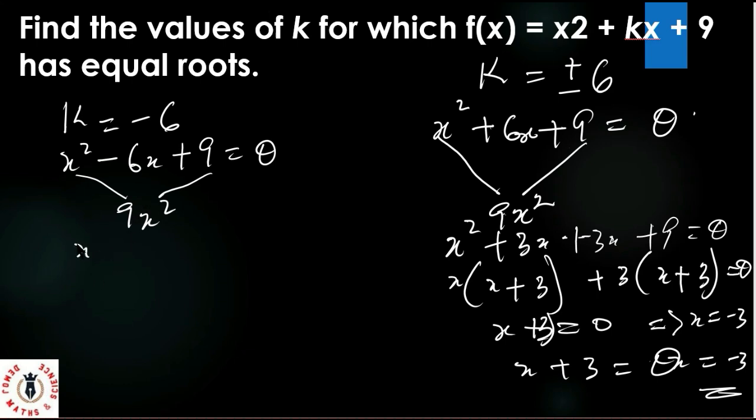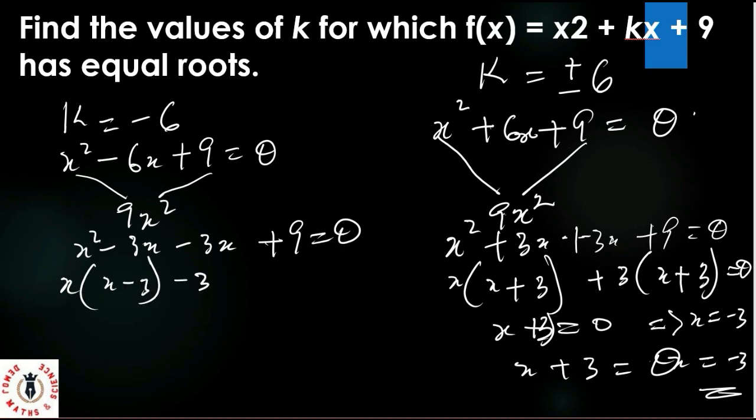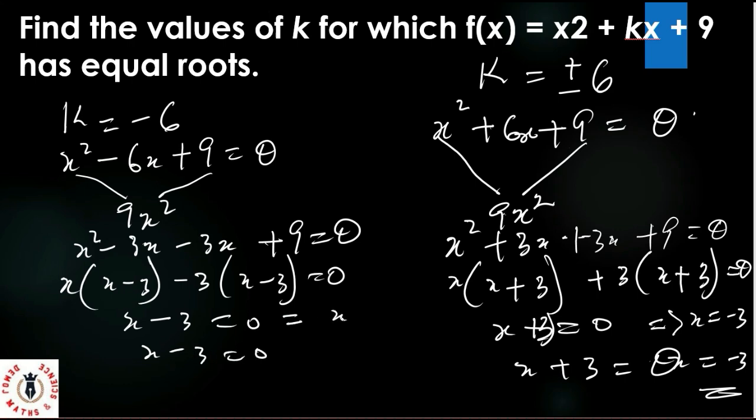Now this will become x squared minus 3x minus 3x plus 9 equals 0. x comes out, I have x minus 3. Minus 3 comes out again, I have x minus 3 equals 0. So you can see the two factors, x minus 3 equals 0, x minus 3 again equals 0. From here, x will be plus 3, and from here, x will also be plus 3.